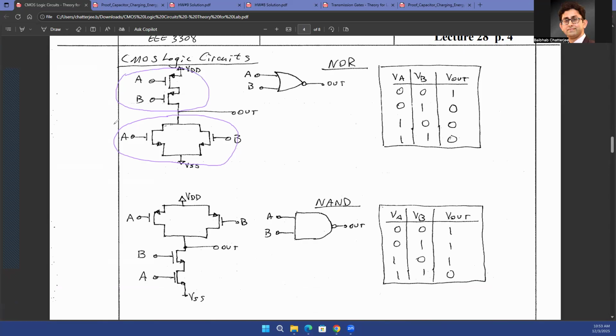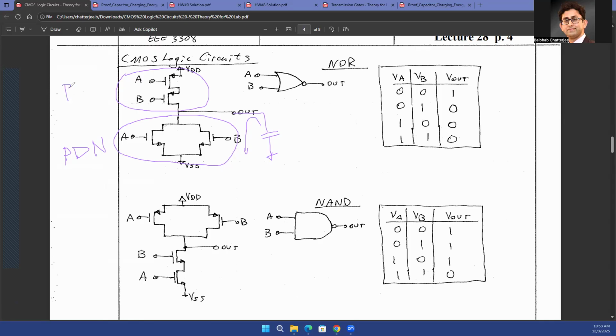The bottom part is called the pull-down network, or PDN. The job of the bottom part of the circuit is to pull down the output level, which let's say is originally at a digital 1 or a logic level 1. The job of the pull-down network is to bring down the level of the output to a digital 0.